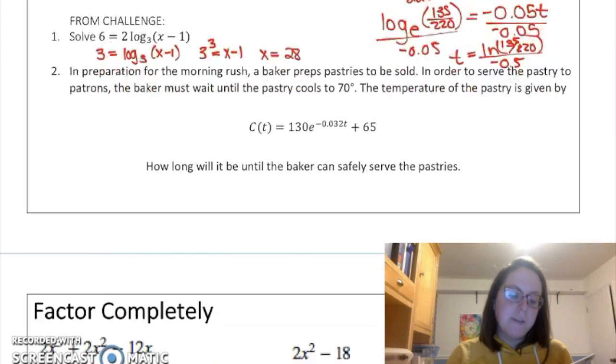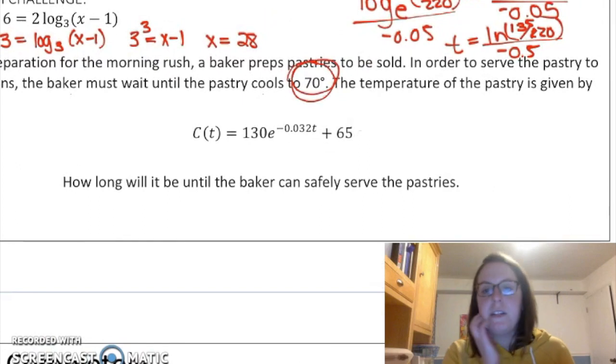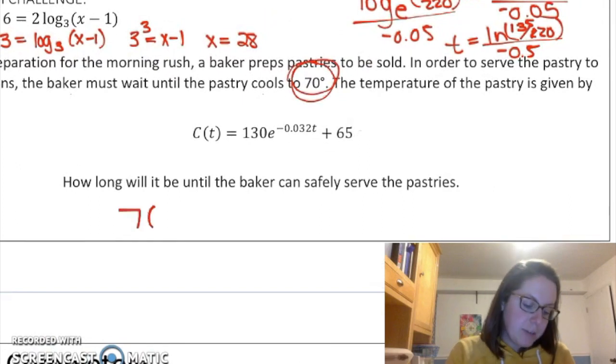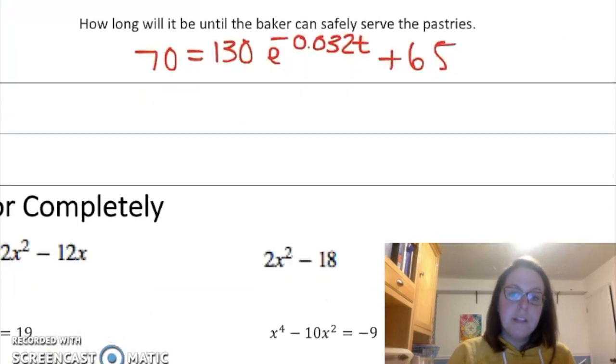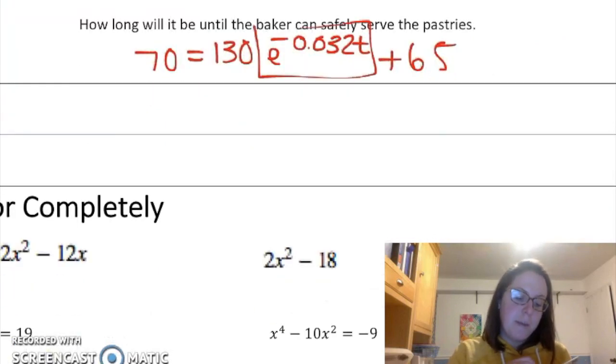And then for this last one, same idea. We want to know when this baker's pastry cooled to be 70 degrees. So I'm going to set this equal to 70, and then we're going to solve it. There's your exponential part. Subtract 5, or 65. That's 130 e to the negative 0.032 t.